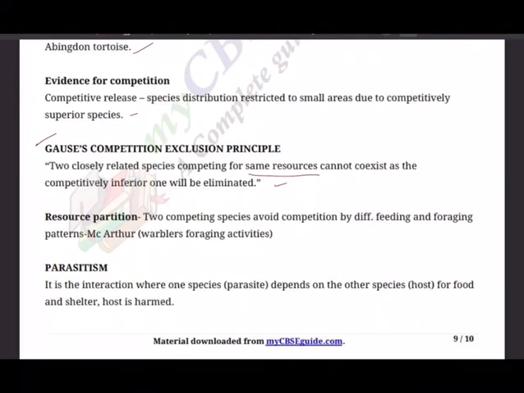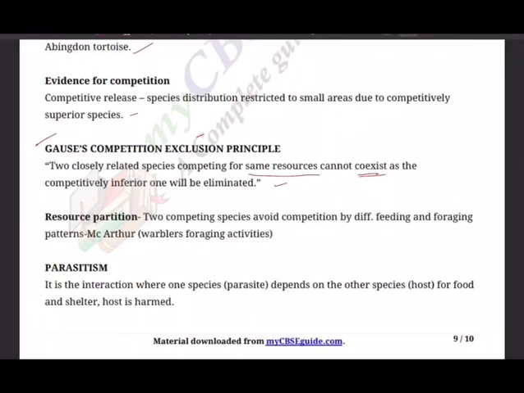They will be fighting with each other, and if they fight for something like food or an area, one of them will have to be eliminated. The weaker one has to be eliminated. Hence it is a loss for this lion population. Hence Gause's competitive exclusion principle says that two closely related species competing for the same resources cannot coexist. They have to live separately.